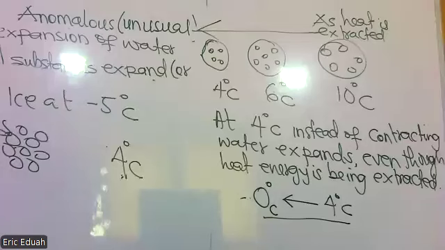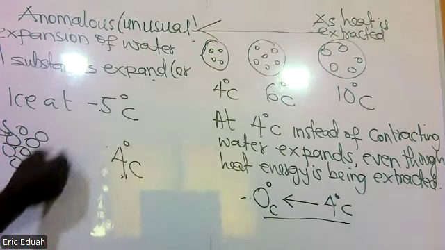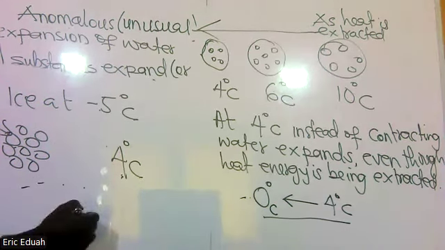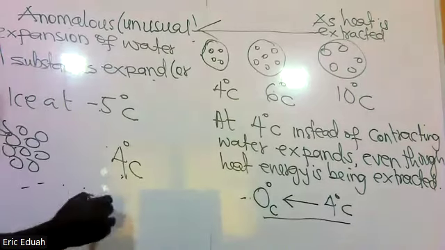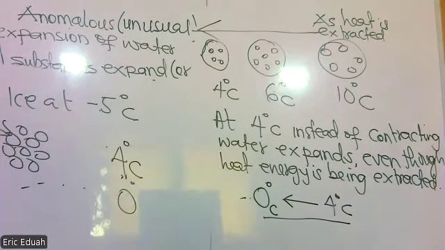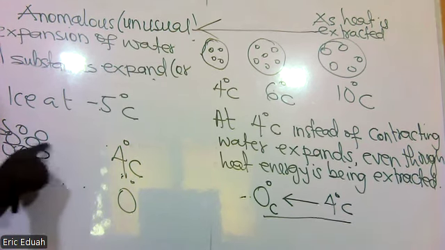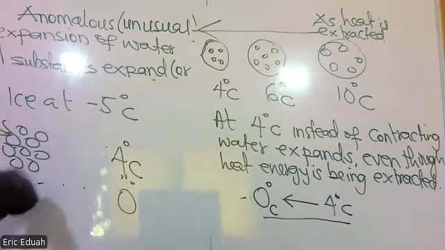So what happens is that, yes, it is ice at -5, -4, -3. When it gets to 0, change of state will start. So what actually happens is expansion as we heat it.